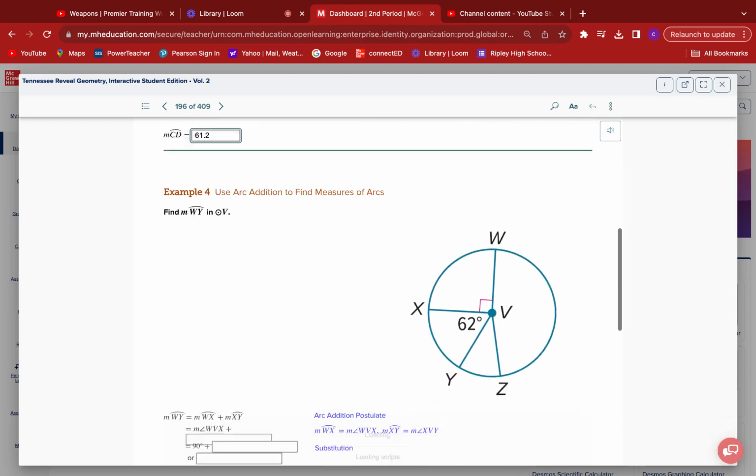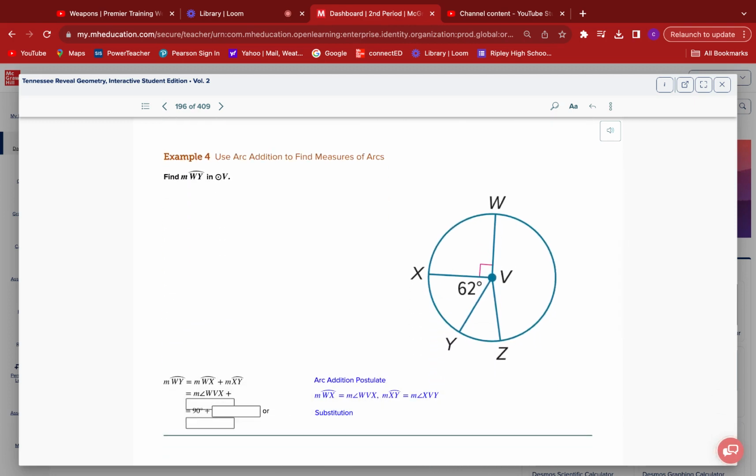All right. Moving on, at the bottom of page 579 on your workbook, example number 4: use arc addition to find measures of arcs. They want me to find the measure of arc WY.